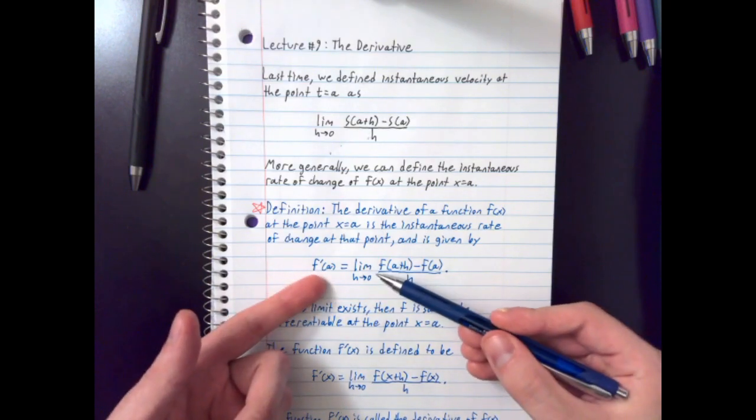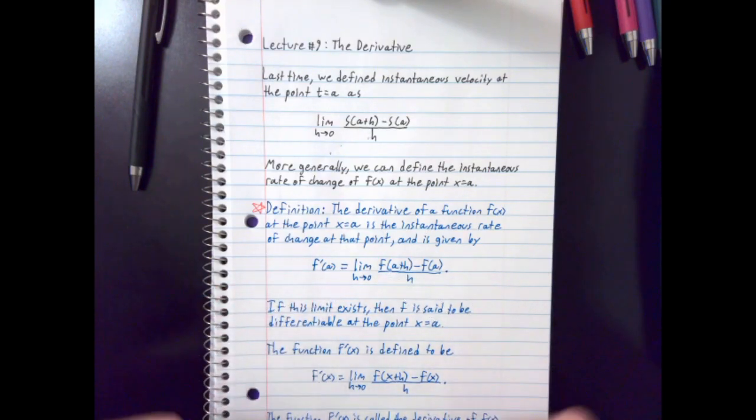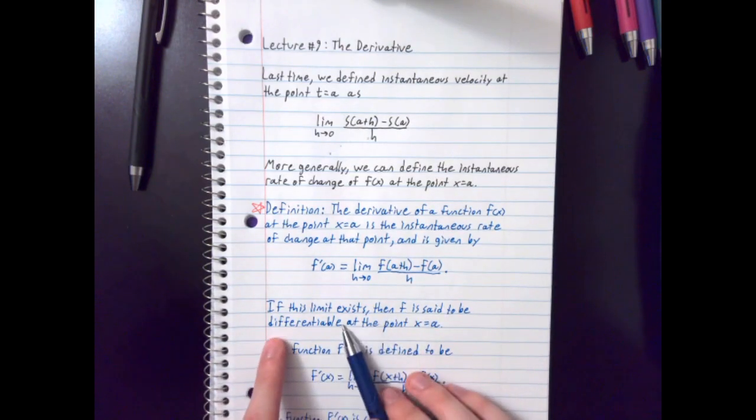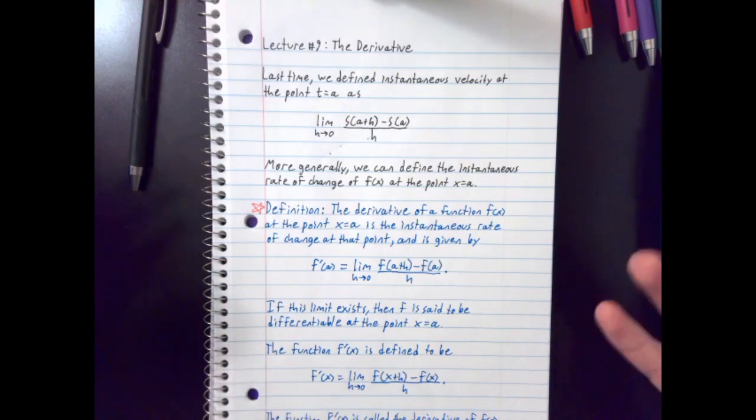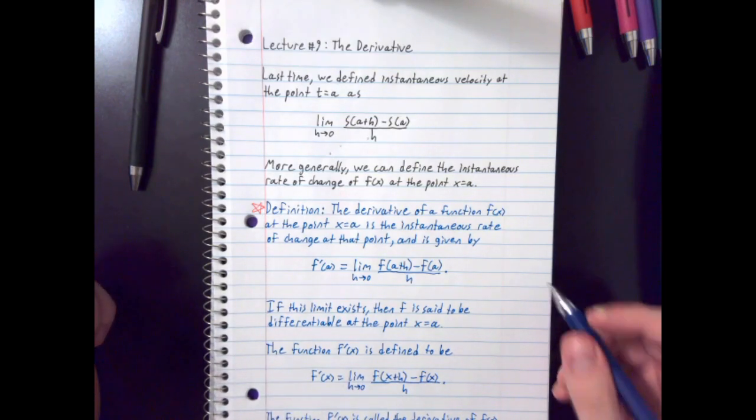We've defined differentiability at a point, and so you can extend this to say that a function f is differentiable if it's differentiable at all of the points in its domain.